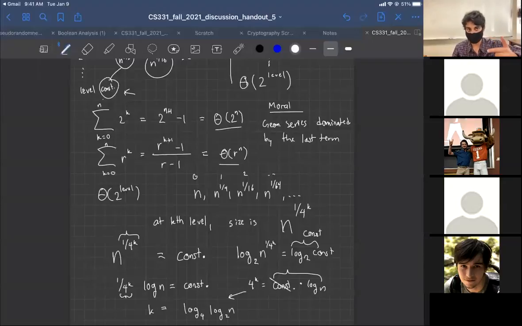So we bring the k out of the exponent. And on the right hand side, we're just tacking on a log base 4 to this expression. Is that log base 4 of that? Right. So it's an iterated log, which is a really small number. Good question.